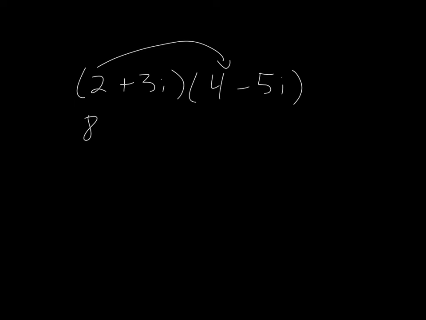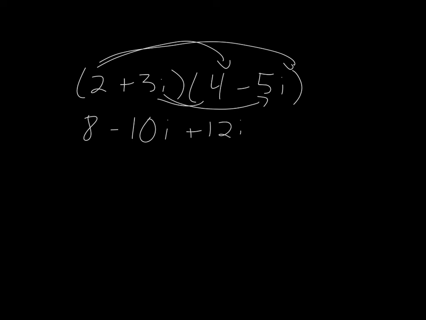Our outer is 2 times negative 5i, which is negative 10i. Our inner is 3i times 4, which is positive 12i. And our last is going to be 3i times negative 5i, which is negative 15i squared.